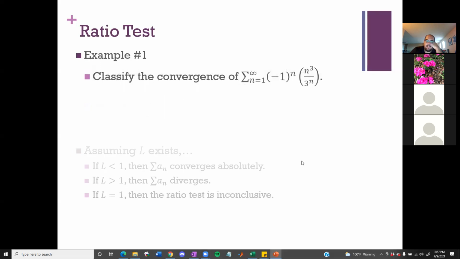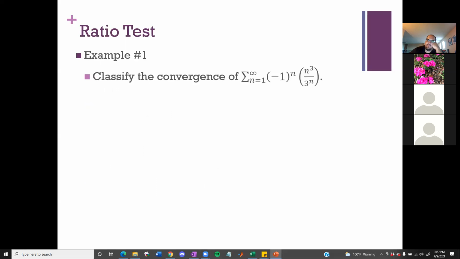Okay, so let's look at the example we just looked at. We don't really know about this one, so I want to look at the ratio test. I'm going to look at what happens as n gets really big and I divide one term by the one preceding it.